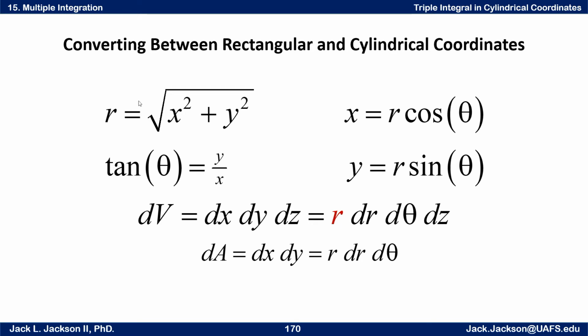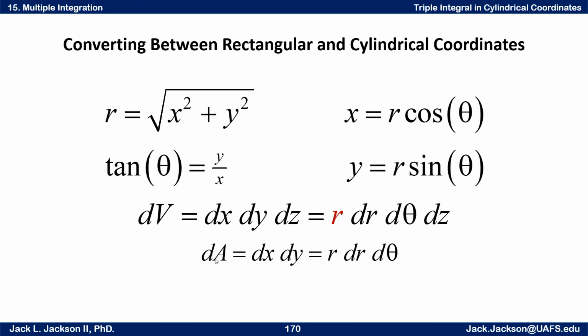The rest is just like you convert polar coordinates. r is the square root of x squared plus y squared. The tangent of theta is y over x. x is r cosine theta, y is r sine theta. And then the differential dV is dx dy dz, but it's r times dr d theta dz.